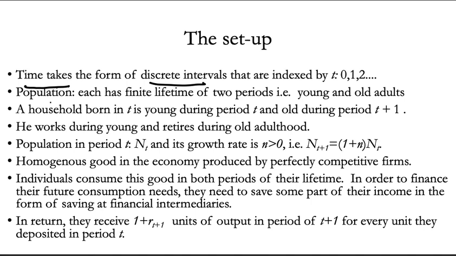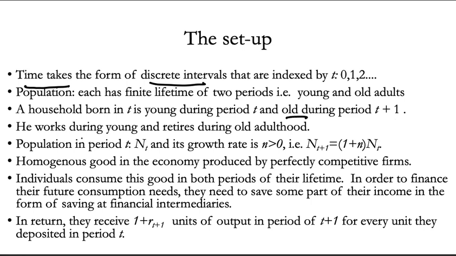In this economy, we assume we have a population, and we have overlapping generations of individuals, like I said earlier. Each of them faces a finite lifespan of two periods, that is young and old adult generations. A household born in period t is young during period t, and once he or she moves to period t plus 1, he becomes old.